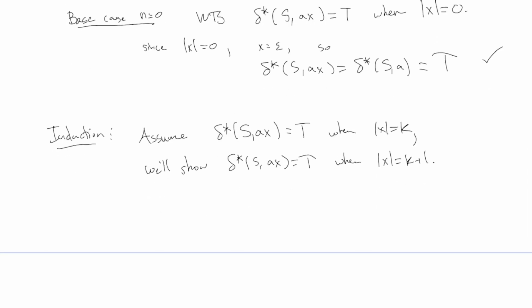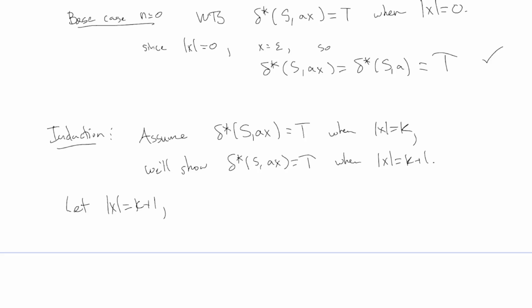So I'm going to say, let the length of x be k plus 1. And here's sort of the key step. You have to write a little bit more stuff here. If the length of x is k plus 1, that means x consists of k letters followed by one more letter, right? Or you could write it the other way around: one letter at the beginning followed by k more letters. I'm going to write it the way I said the first time.